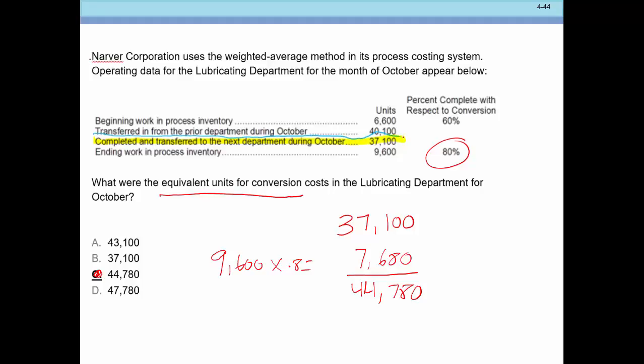That's basically the new costs that were added for the period. Instead of saying direct labor, direct materials, manufacturing overhead, we're just saying all the costs that got transferred in from the previous department are like our manufacturing cost for Department 2. So that's all the costs that got added for the period, 40,100.